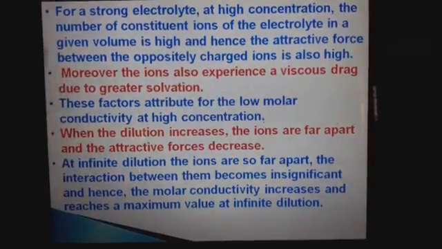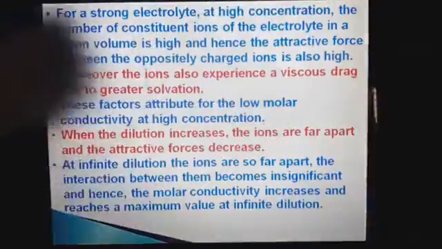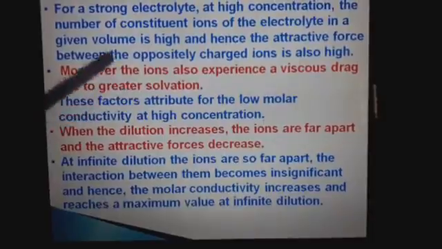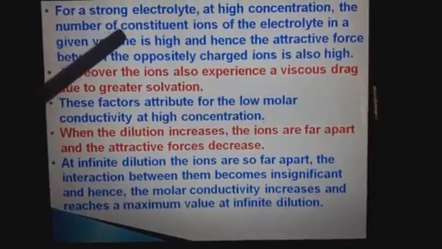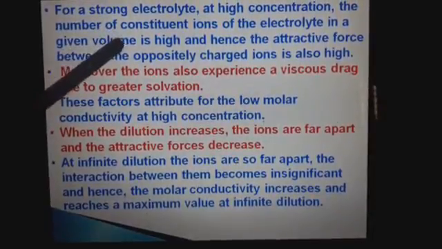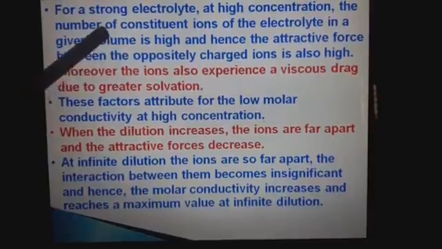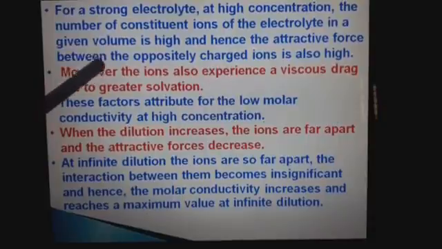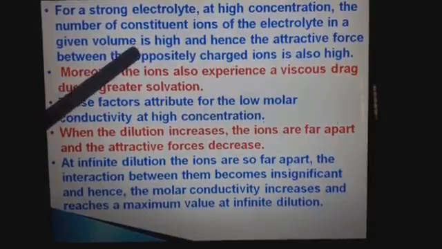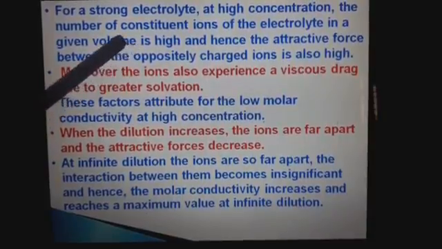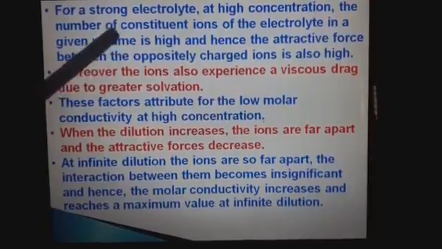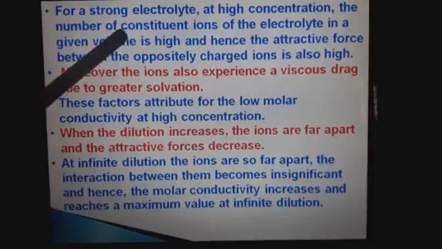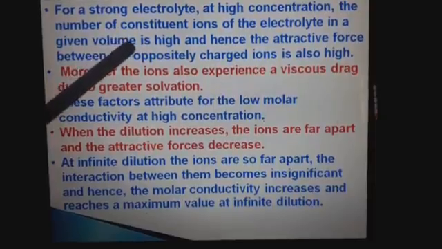For the strong electrolyte, from the above graph, at high concentration the strong electrolyte gave a straight line. The number of constituent ions of the electrolyte in a given volume is high. The number of constituent ions, meaning positive or negative ion concentration, is higher than in the dilute solution.